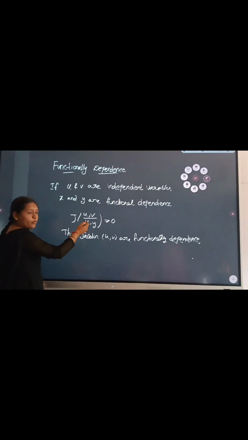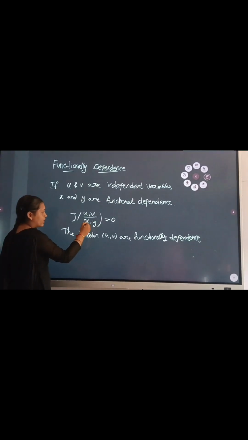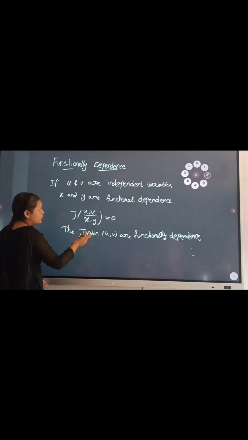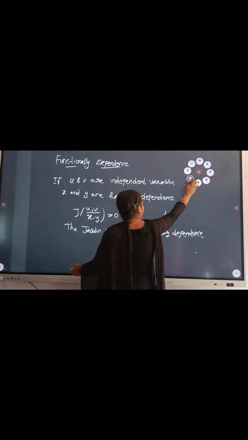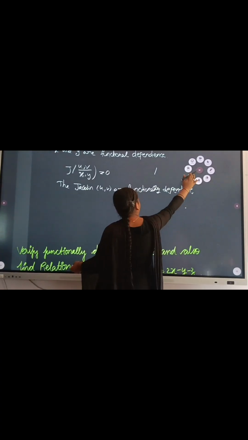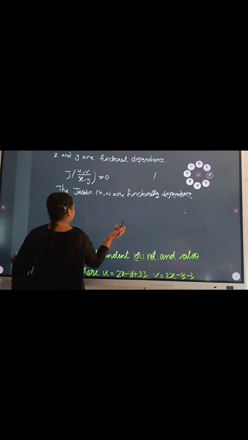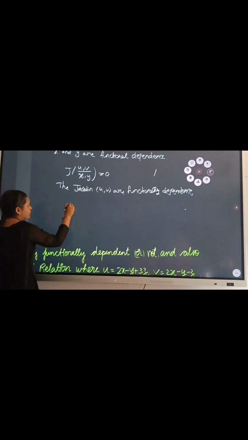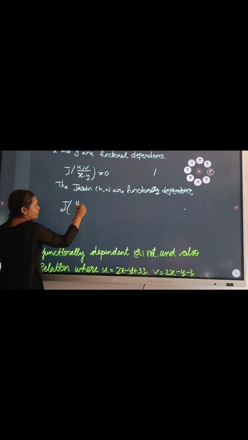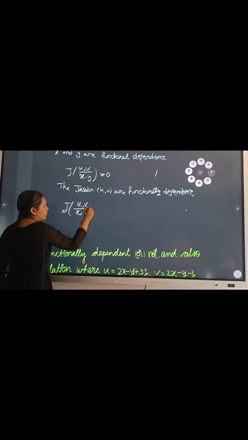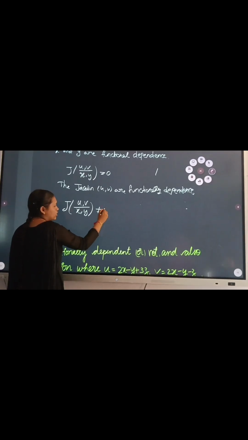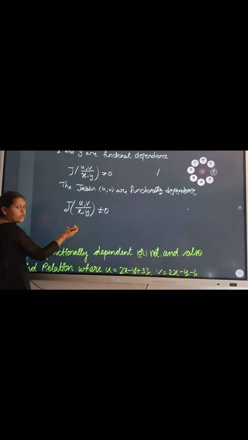Otherwise, if the Jacobian of u, v by x, y is not equal to 0, they are functionally independent.